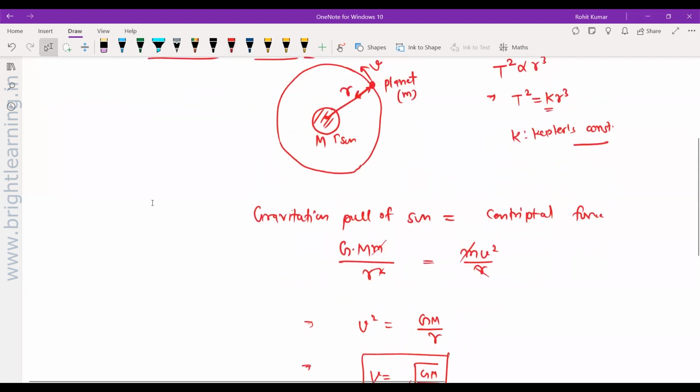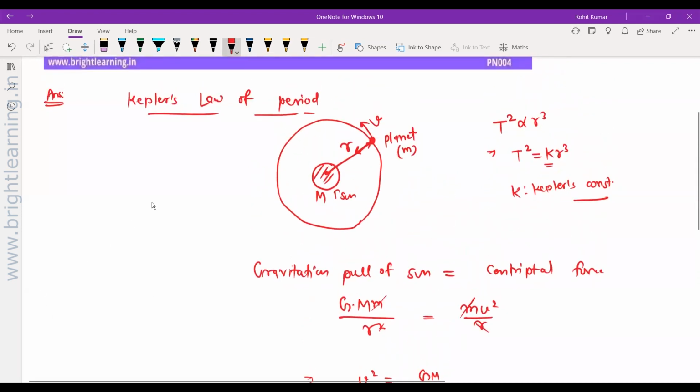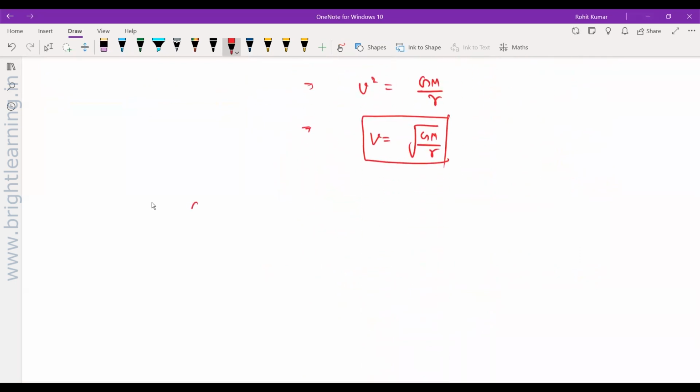Now we need to find the time period of one revolution. Time period is basically the time taken by the planet to complete one revolution. For one revolution, the total distance covered by the planet will be equal to the circumference of the path, which is 2 pi r, and speed is already known to us.